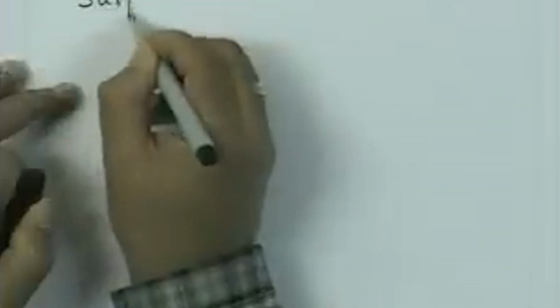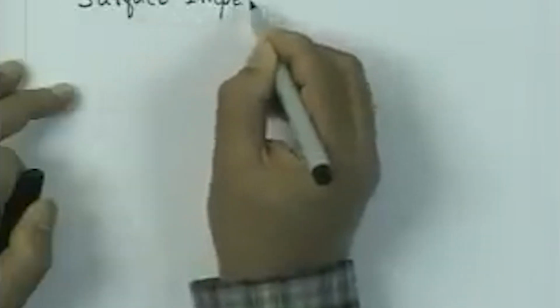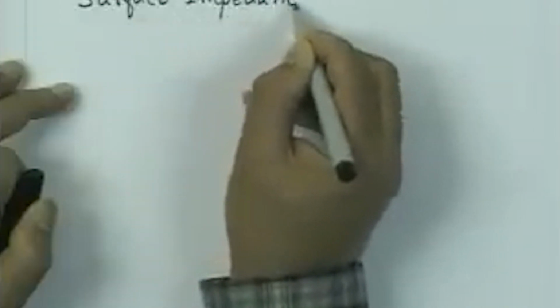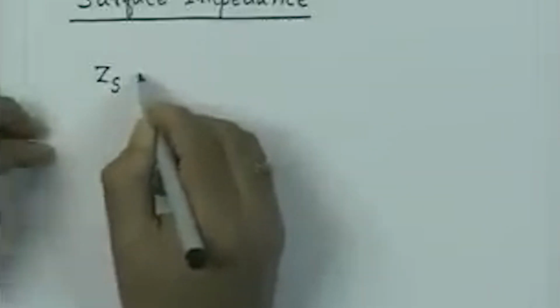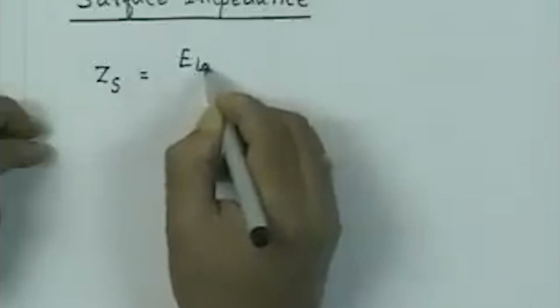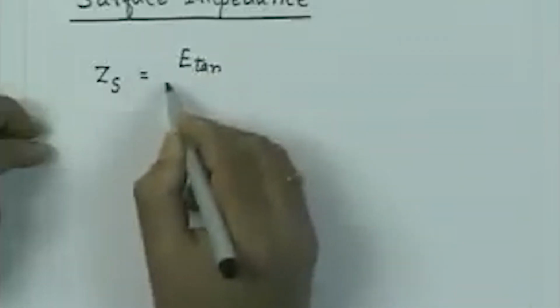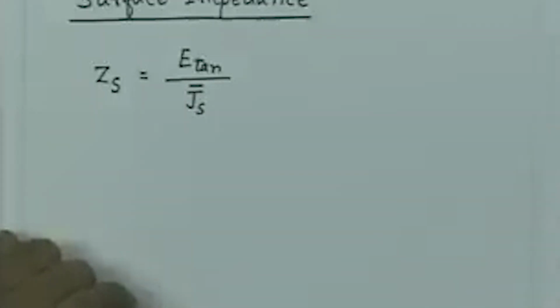So let us define a parameter called the surface impedance, and that quantity is defined as Zs, equal to E tangential to the surface divided by the linear surface current density.